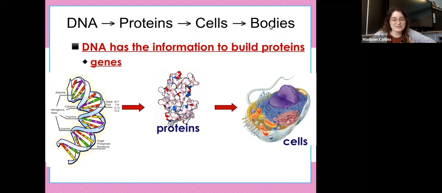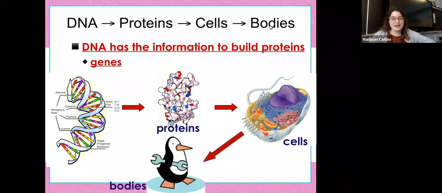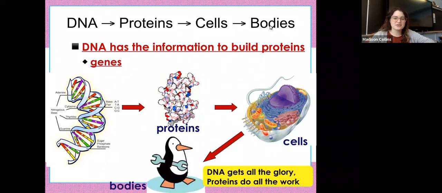Proteins build up your cells, and then cells build up your entire body. Although we like to think of DNA as this magical answer, we don't really give proteins enough credit for all the work that they do. DNA does have the instructions, but proteins are doing all of the work and are literally physically building up your body, and they deserve some credit for that.